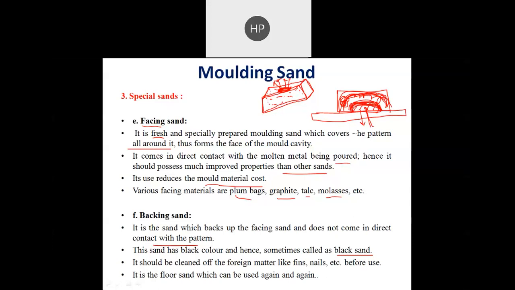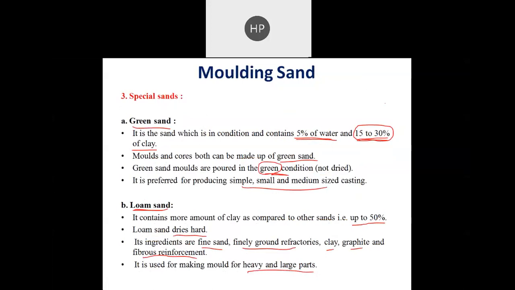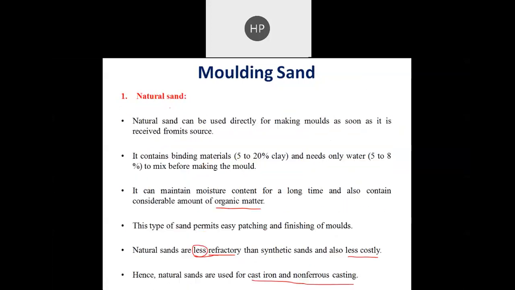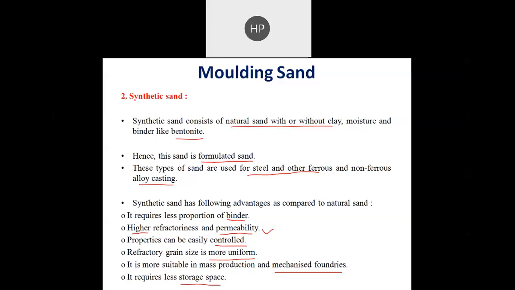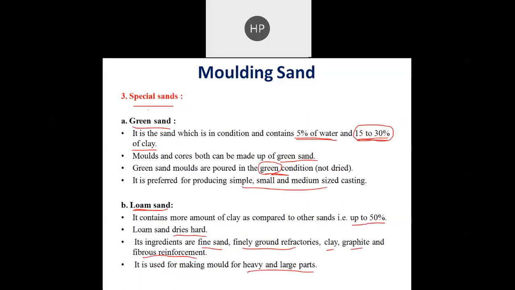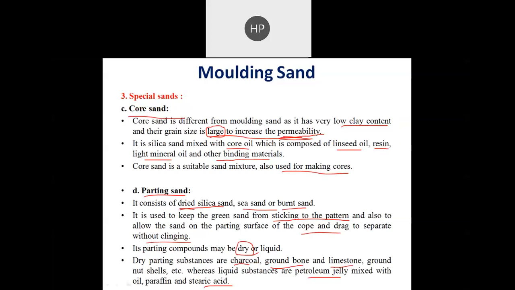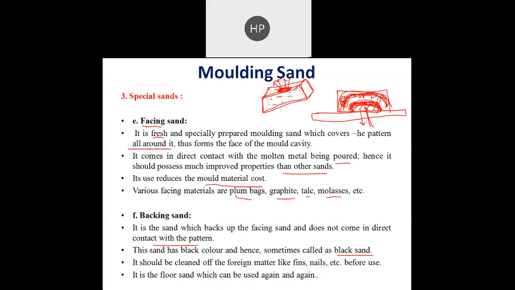So that's why this backing sand is reusable sand. So these are the 6 various types of special sand. First we have talked about natural sand, second one is synthetic sand, and third one is special sand. In that one, green sand, loam sand, core sand, parting sand, facing sand, and backing sand.